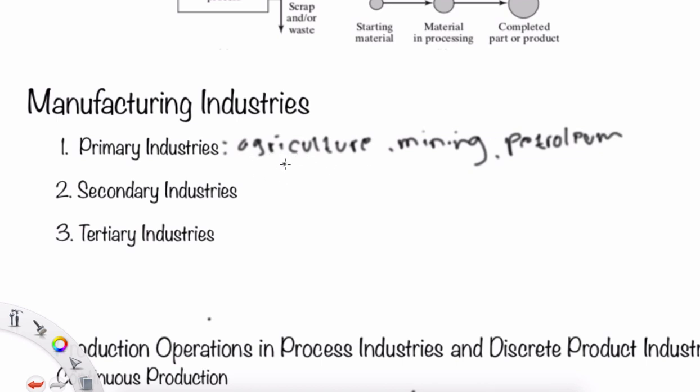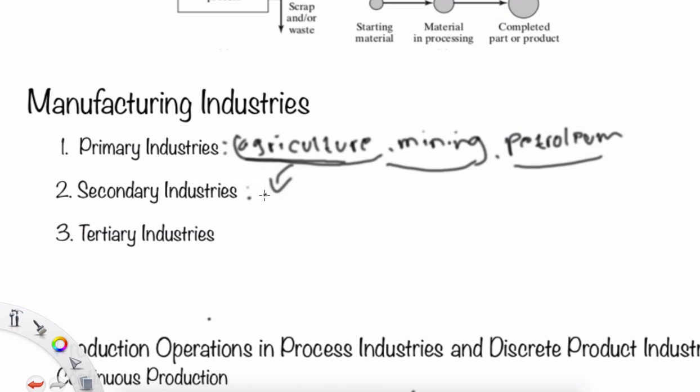Why are they included as part of the primary industries? Because they consume and exploit or cultivate natural resources directly. The second one is the secondary industry. The secondary industry converts the output of the primary industry into a product, so the output of the primary industry becomes the input of the secondary industry.